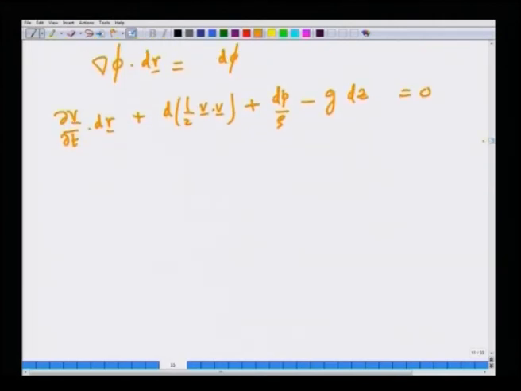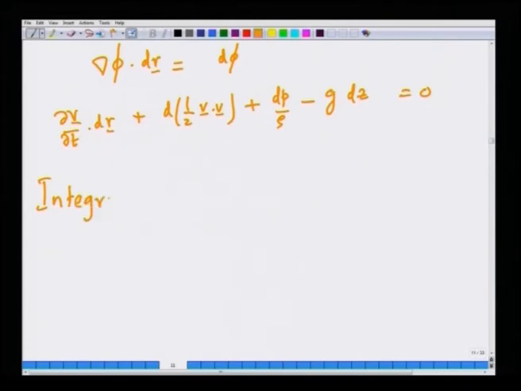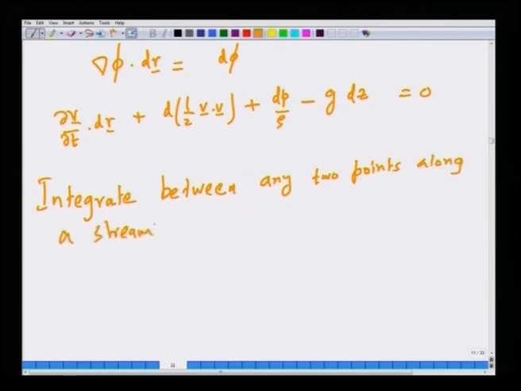Now, I am going to integrate between any 2 points. This is a differential relation that is valid only for a very small displacement dr vector, but if I integrate between any 2 points along a streamline, which I am free to do, I get integral 1 to 2 partial v partial t.